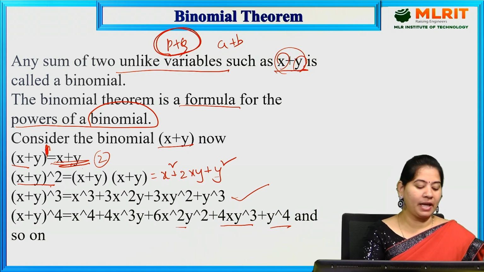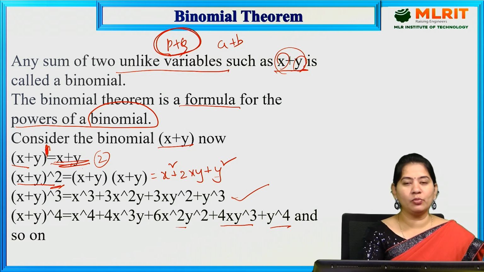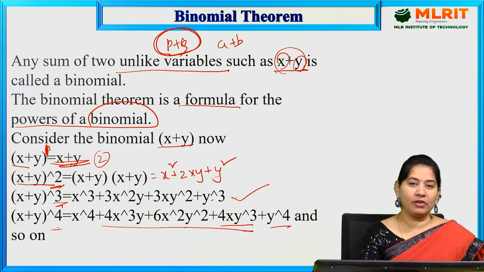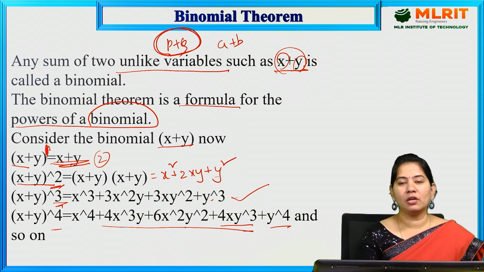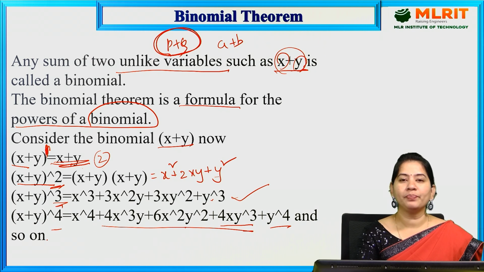But the power of the binomial is 2. It is 1 more than this. In the same way, in the third one, 1, 2, 3, 4 terms and here we have 3 as the power. In the last one, we have 5 terms, but the power of the binomial is 4. This means the number of terms in the right hand side expansion is always 1 more than the power of the binomial on the left hand side.